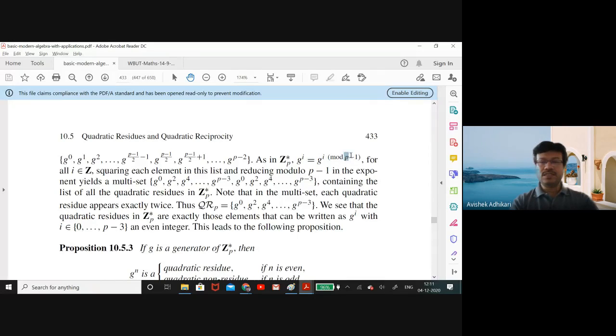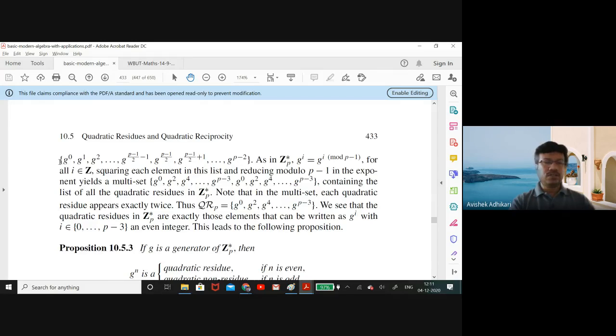See, this is very important, and for many competitive exams, this formula gives you a lot of hints for solving problems related to cyclic groups which are multiplicative in nature. So g to the power i is the same as g to the power (i modulo P-1). So I can always write Zp star in this way in terms of g. Now what I do is I make every element a square.